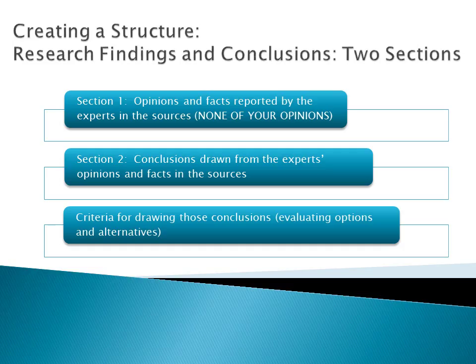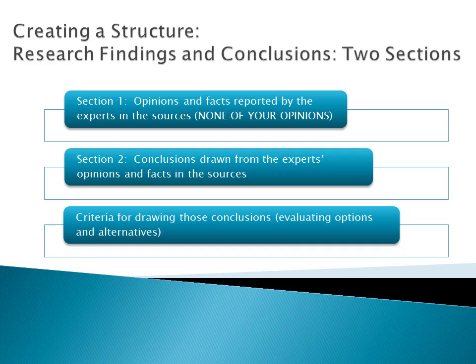You are examining the reasons why they drew these conclusions, okay? So there are two types of conclusions. There are the ones that belong to the experts, and that goes into the expert sections. And then there are your own conclusions, and that goes into a separate section.